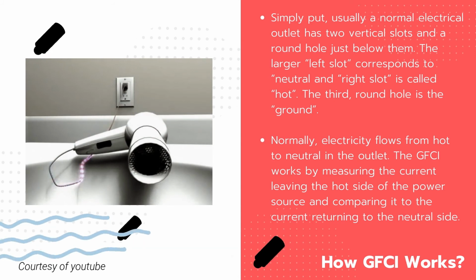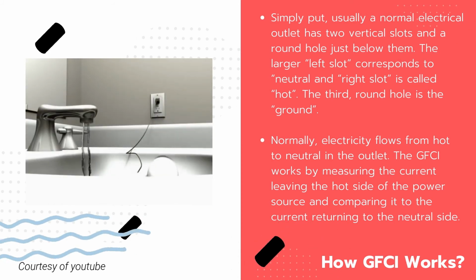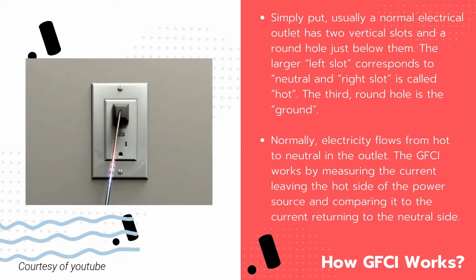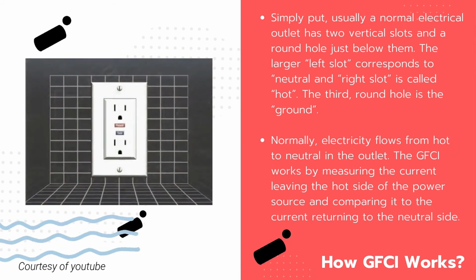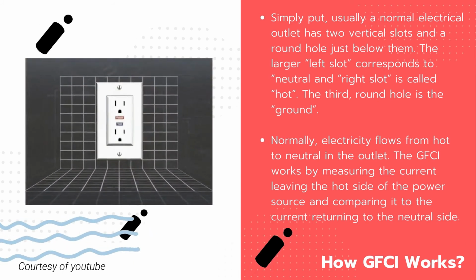Normally, electricity flows from hot to neutral in an outlet. The GFCI works by measuring the current leaving the hot side of the power source and comparing it to the current returning to the neutral side.